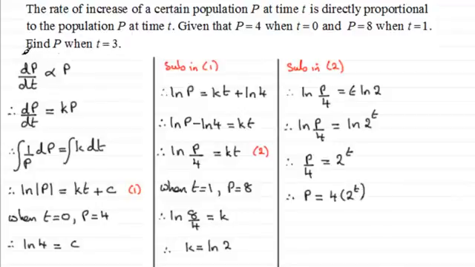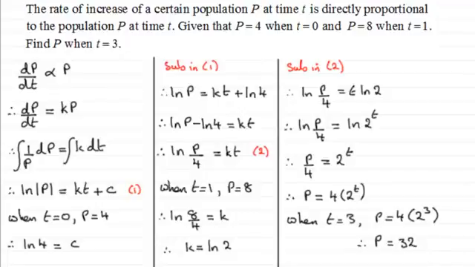So now we can answer the question, find p when t equals 3. So we can say that when t equals 3, p must equal 4 multiplied by 2 to the power 3, 2 cubed. 2 cubed is 8, 4 times 8 is 32. So we end up with, therefore, p equals 32.